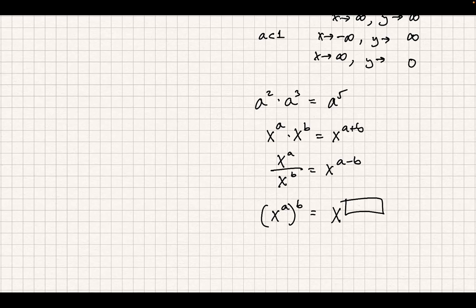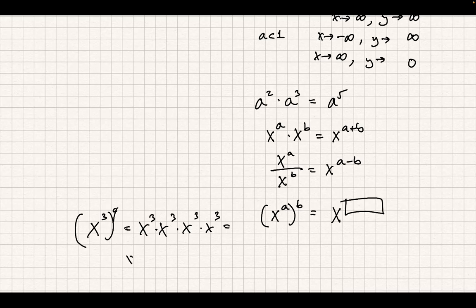Do we have an understanding of why that is? If I have x cubed, and I have 4 of them, what's another way of writing that? x cubed times x cubed times x cubed times x cubed.